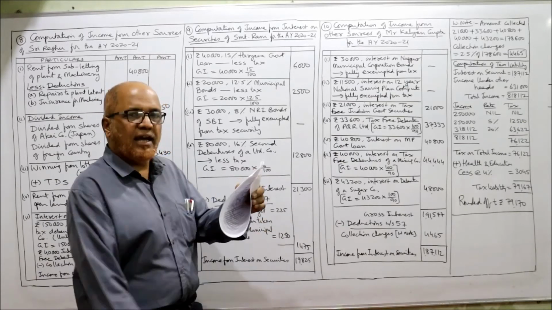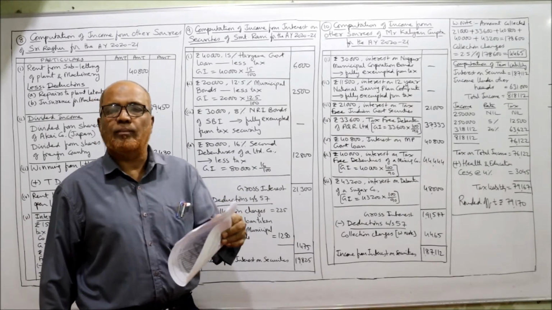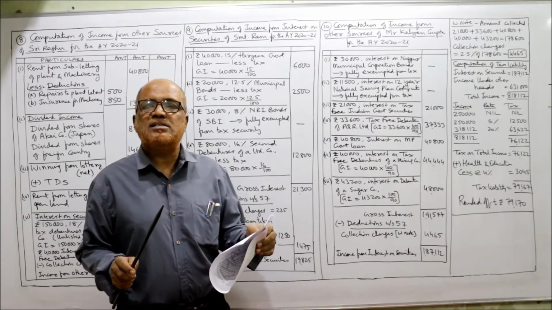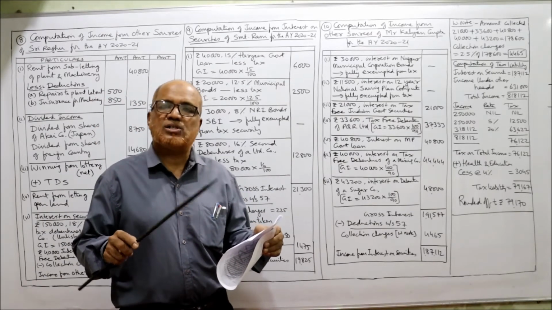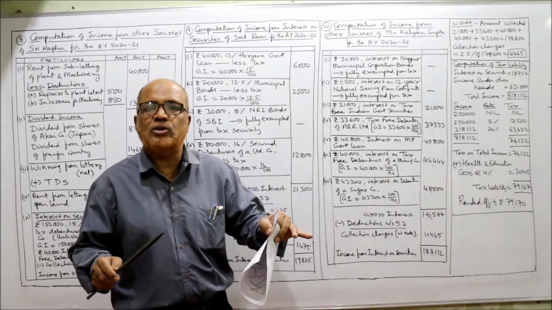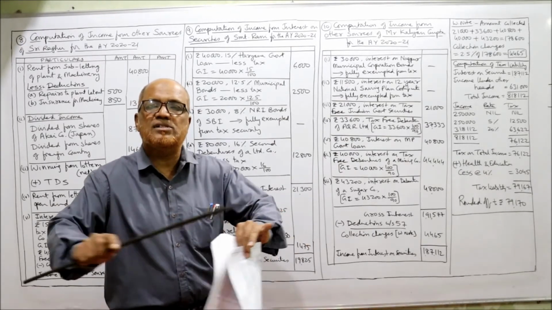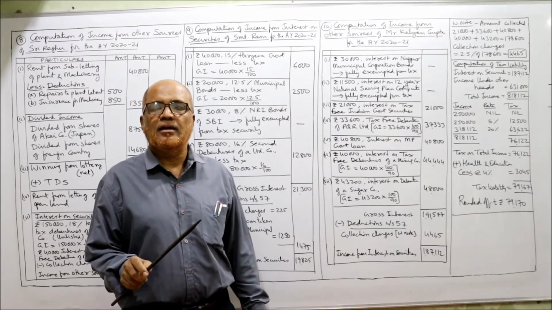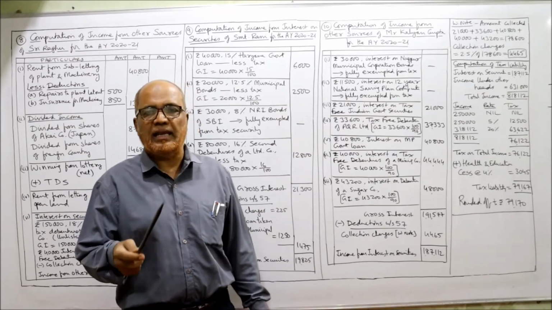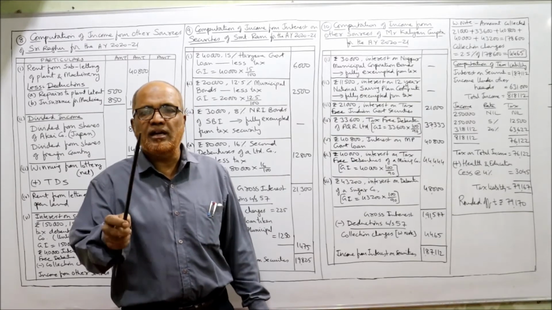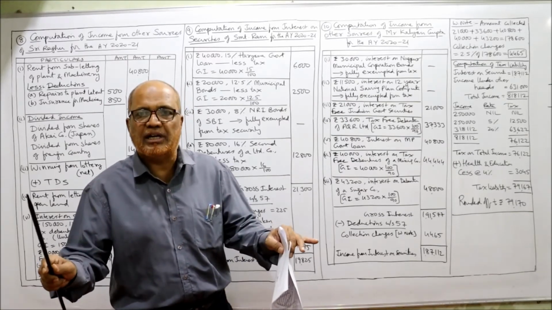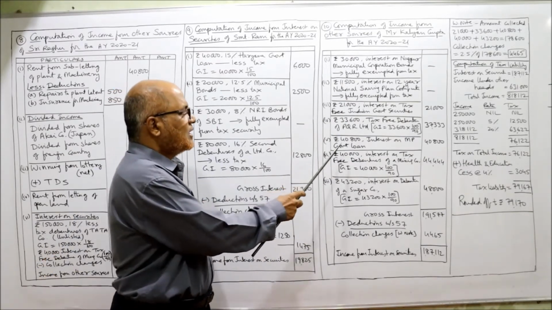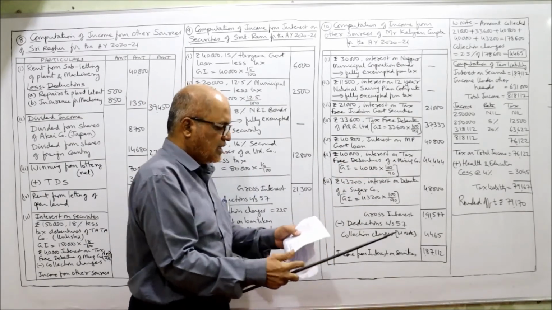Next one, rupees 40,800 interest on MP government loan. So any government security, whether less tax or tax free, just now I told you interest received is the gross interest. If it is a government security, whether tax free or less tax, interest received is the gross interest. That's why here directly I have taken 40,800.